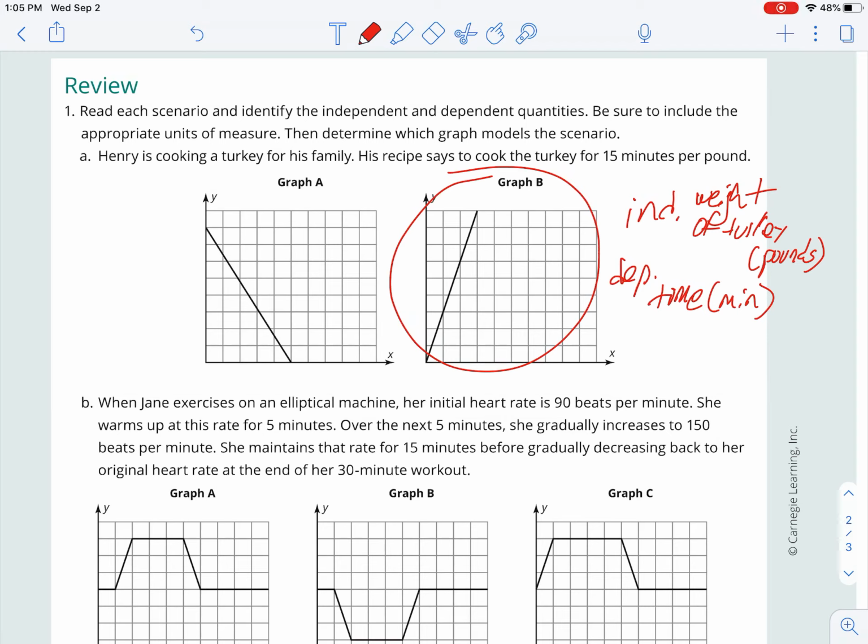So graph B, this is going to be our weight of turkey, which is in terms of pounds. And then our time would be the dependent, our y-axis. All right. Okay.